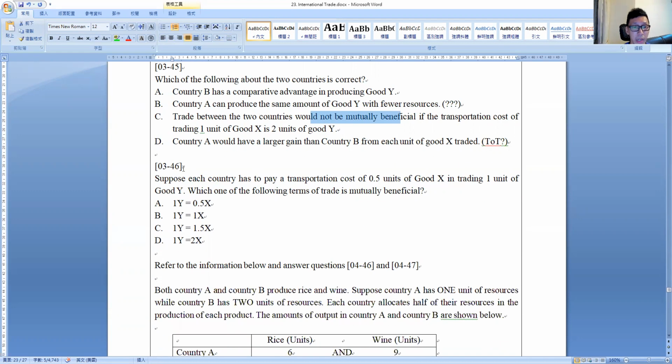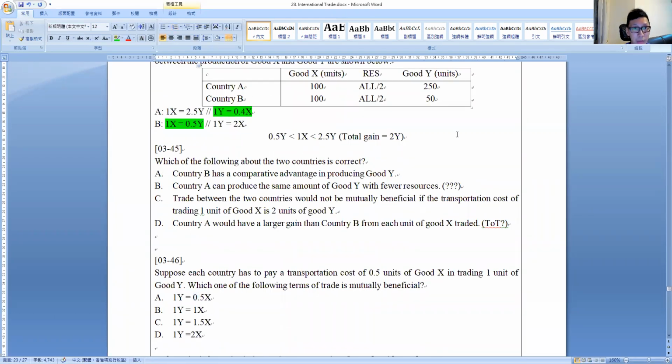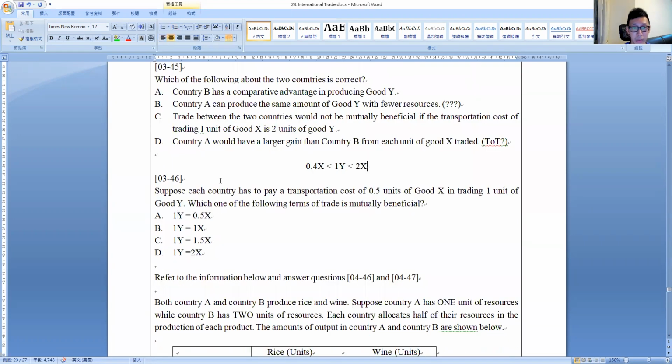OK, so now what about next one? Now suppose each country has to pay a transportation cost of 0.5 for one 佢既然問啦 1y 俾幾多？嗱 this time let's put the range with a 1y to something, right? Here, 1y will be 0.4x to 1y to 2x, right? Now, let's look at the question.